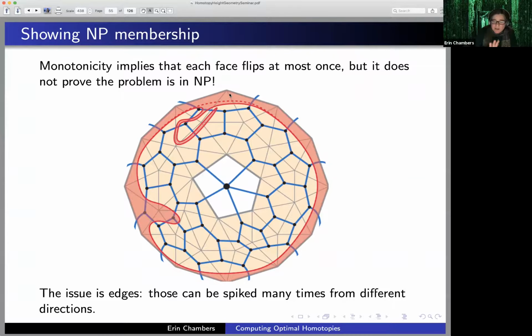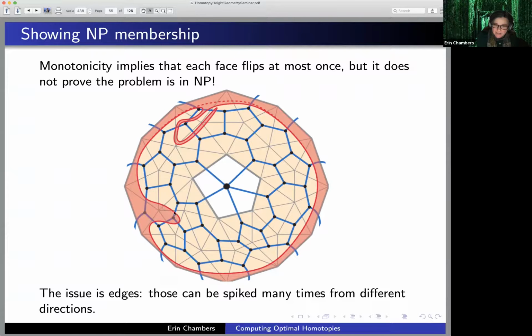So here's where we start to get more combinatorial tools. We started by thinking of this in terms of the dual graph. The annulus is still shown here in tan with triangles in gray, but now I'm showing a dual graph in blue. This is just classic planar dual graphs. We're adding a vertex for each face and connecting faces that share adjacent edges. So monotonicity across a face is essentially the same as grabbing a new vertex.